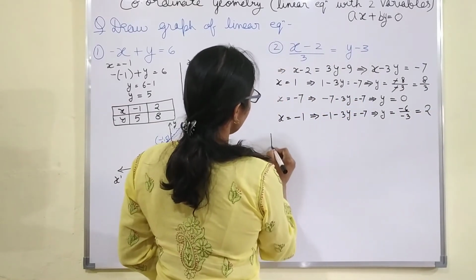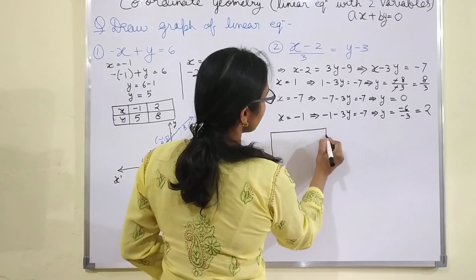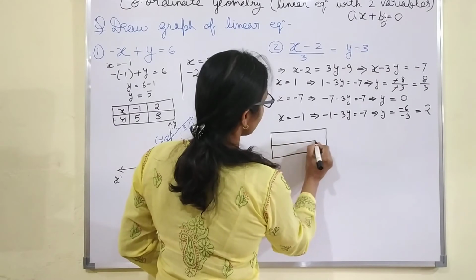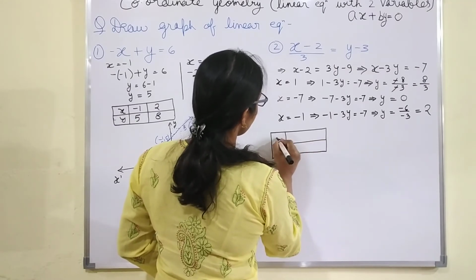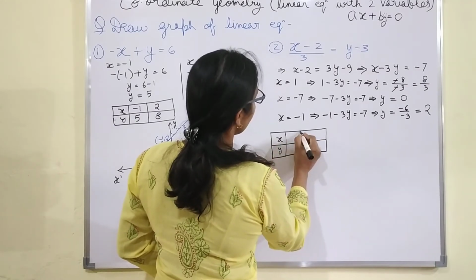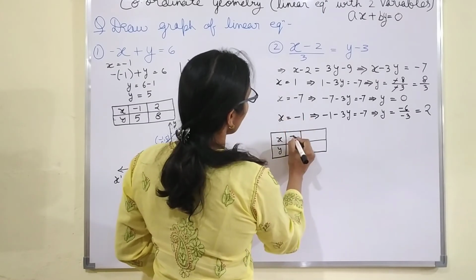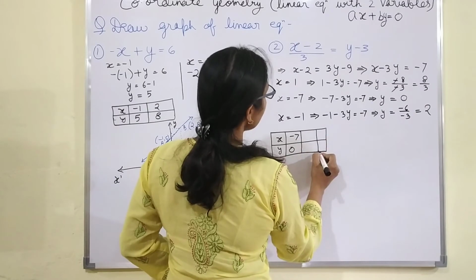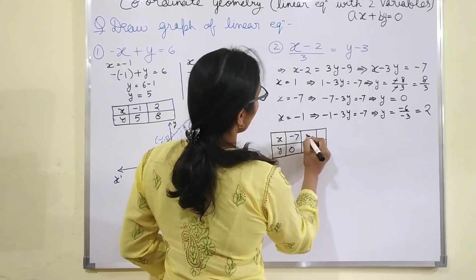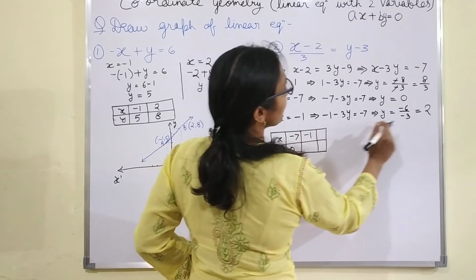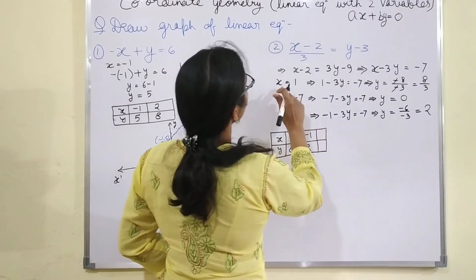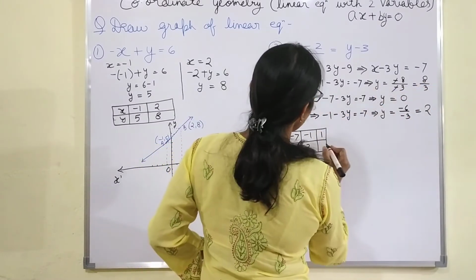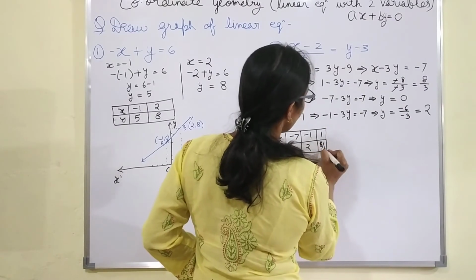Now we will draw a box of x, y. x equals to minus 7, so y equals to 0, and x equals to minus 1, so y equals to 2, and when x was 1, y was 8 upon 3.